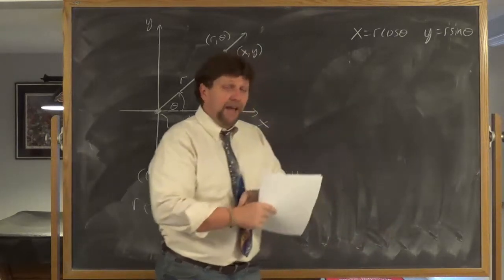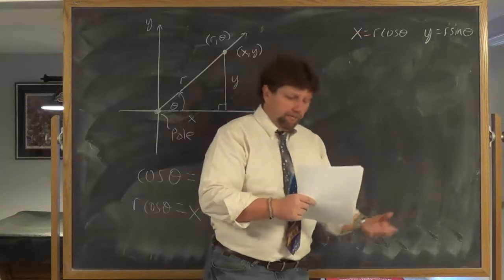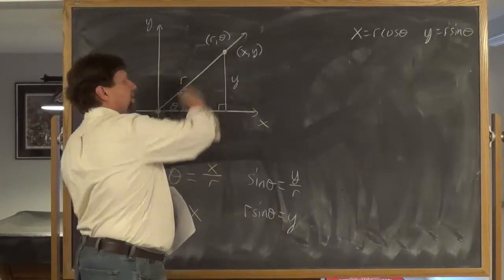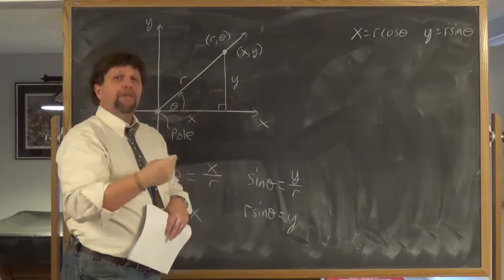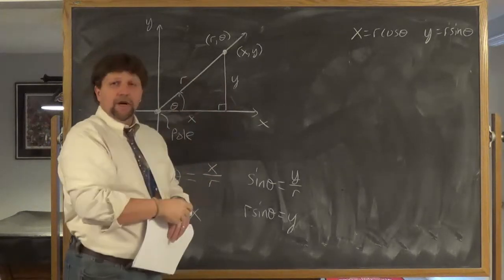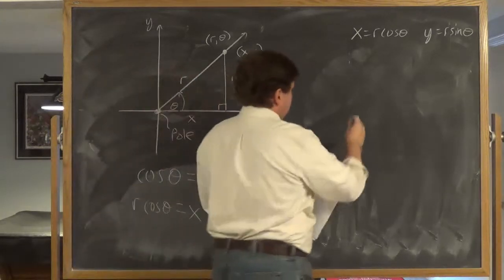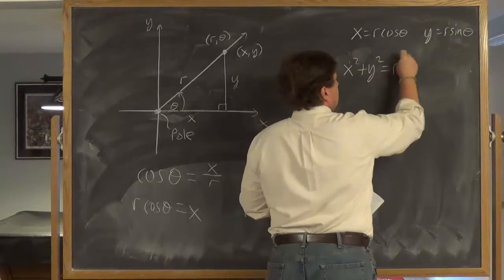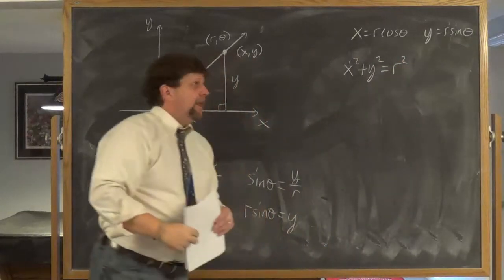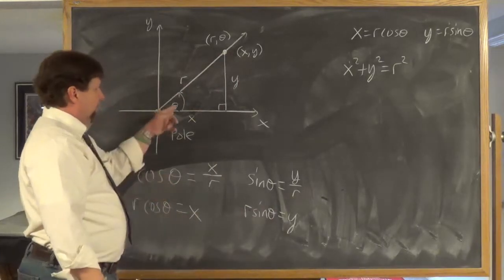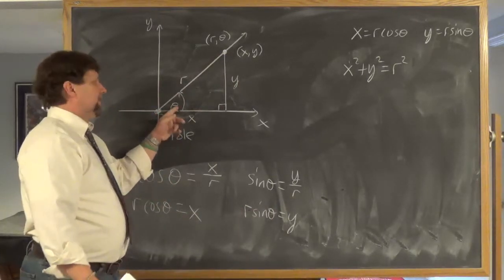Now if we have rectangular and we want to convert it to polar, well, let's look at this triangle. It's a right triangle. We know the Pythagorean theorem says x squared plus y squared equals r squared. So let me write that down. X squared plus y squared is equal to r squared. And then, we looked at the cosine of theta, we looked at the sine of theta.